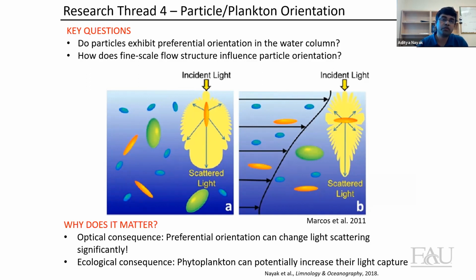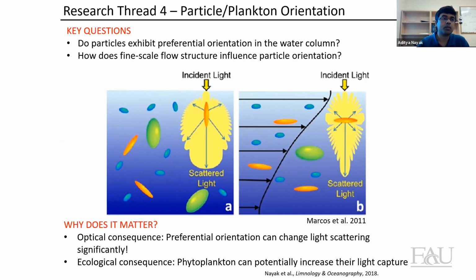What we found from our field observations, I'm just going to mention it, is yes, emphatically yes. Particles did exhibit non-random orientation in the horizontal direction. That was a function of the aspect ratio of the particle, for example, the ratio of the length to the width of the particle. The higher the aspect ratio, the more probability of this particle being oriented horizontally to the flow direction.